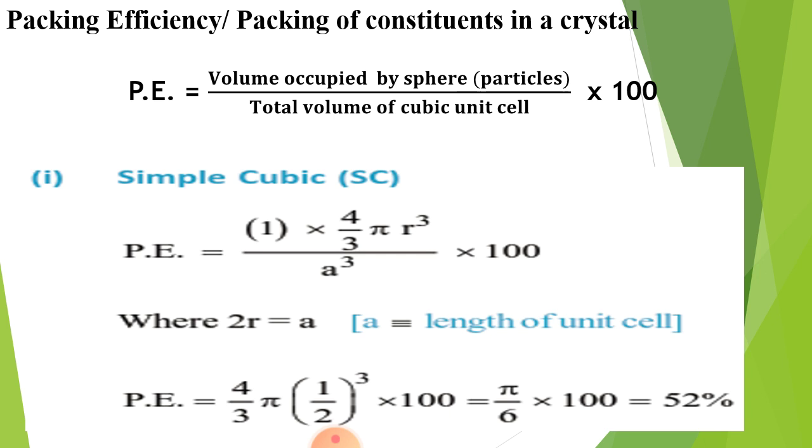Here a is equal to the edge length, that's why the volume should be a cube, and multiply by 100. Here 2 spheres at corner positions touch each other along the side a, that's why 2r is equal to a.